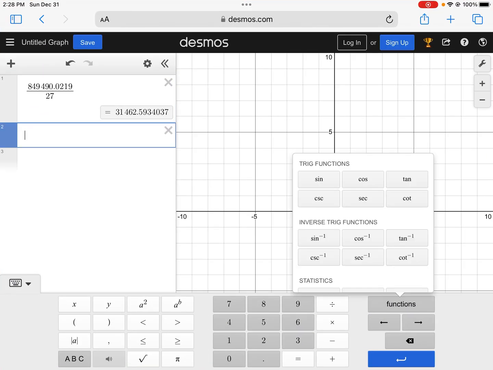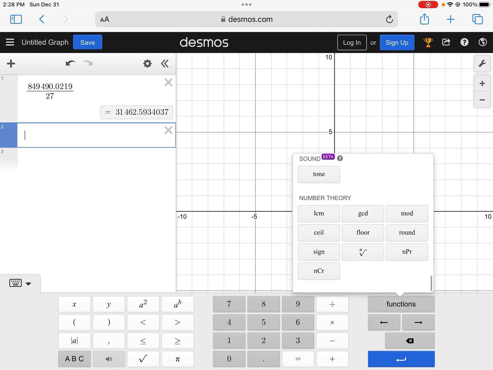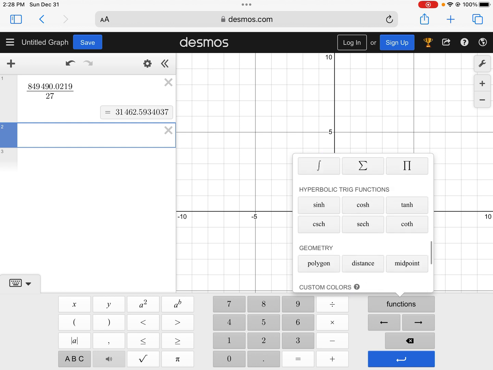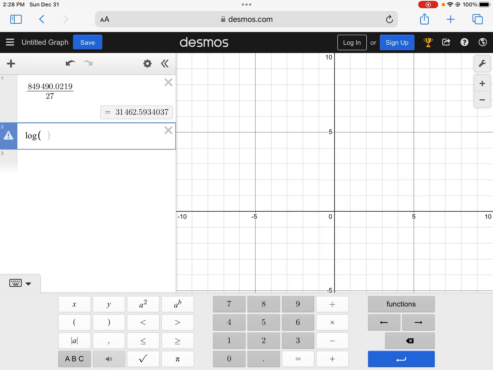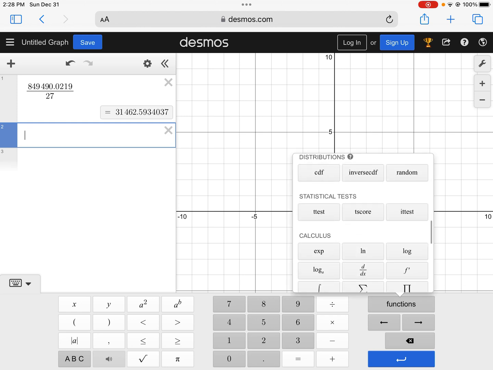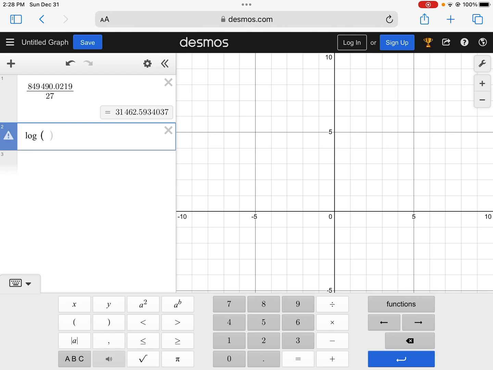To get the log key on here, I go to functions. That doesn't have the base. I need to choose the one that has the base. There we go. Log base 4/3 of 31462.59.